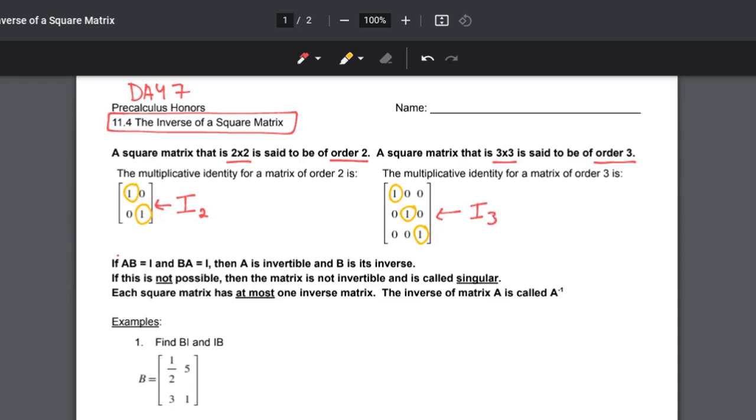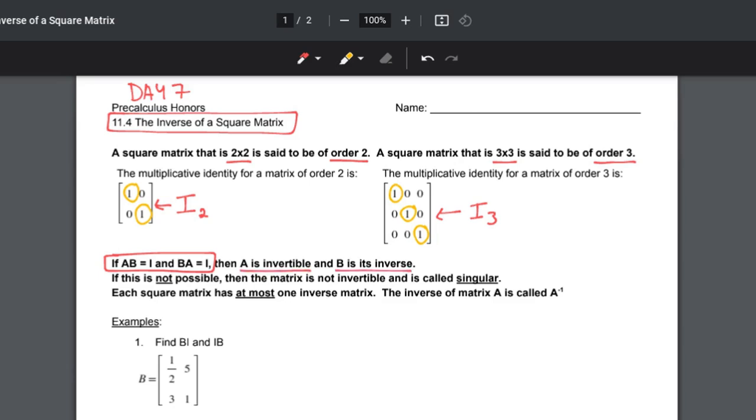When we're talking about matrix multiplication, if we take two matrices, A and B, and multiply them in either order, so A times B or B times A, if they multiply to give you the identity matrix, then that means that A and B are inverses of one another. So A is invertible and B is the inverse.